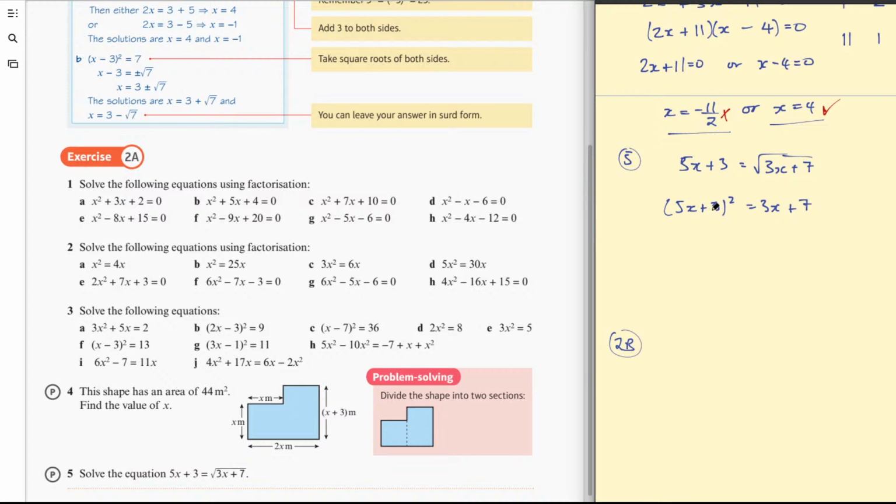And then I guess expand out, so 25x squared plus 30x plus 9 equal to 3x plus 7, and then 25x squared, that's 25 not 2, 25x squared plus 27x take 2 equals 0, and what next? Factors of 2 and 25 that make 27, well that's going to be 25 and 1 and 2 and 1, right?